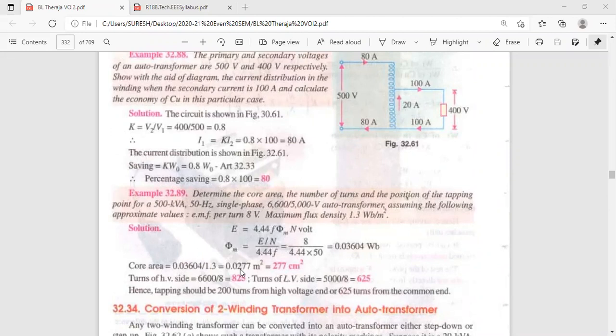Yes, sir. Okay. This is the area of the iron piece. Core means iron. In the problem, he is asking us to calculate the area of the iron piece.